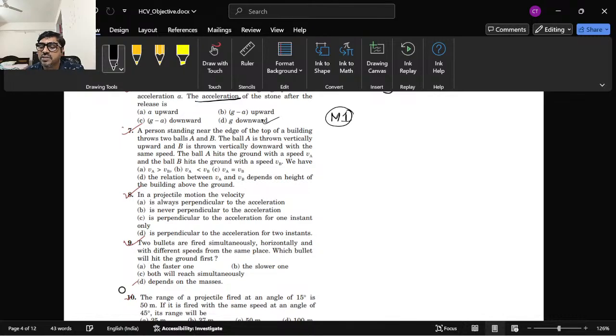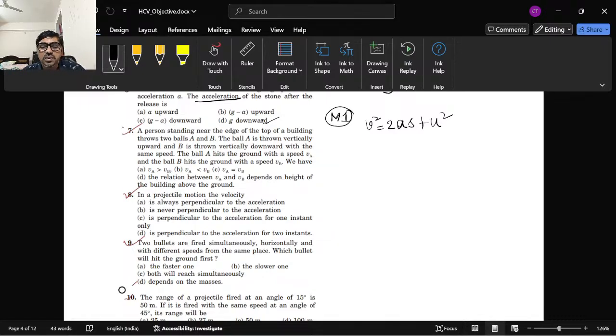is kinematics. So, v squared minus u squared equals 2as.